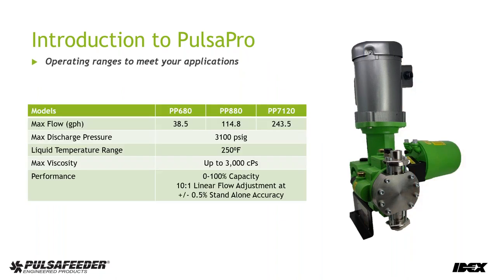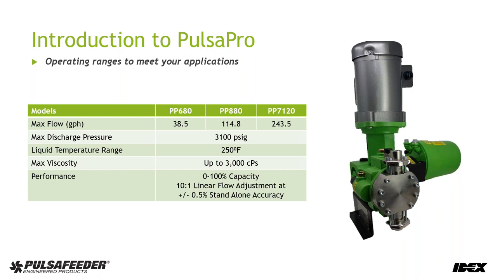The PulsaPro product line, in general, to date, we've got 3 models ranging in capacity all the way up to 243 gallons per hour, a maximum discharge pressure of 3,100 psig, a liquid temperature range of 250 max, and viscosity up to 3,000. In combination with the fact that it's a hydraulically actuated metering pump, it's a non-loss motion.